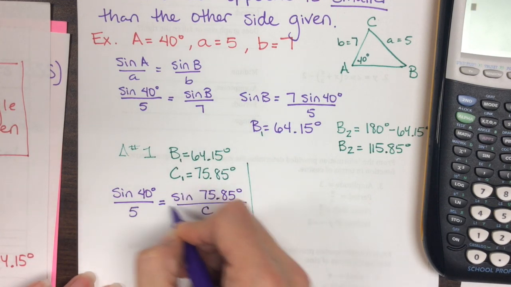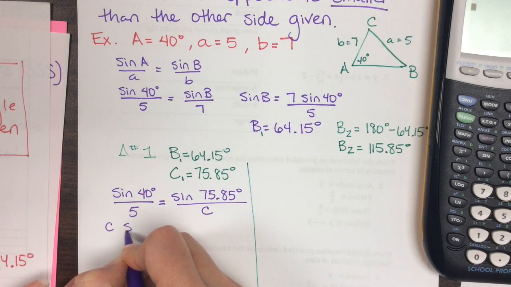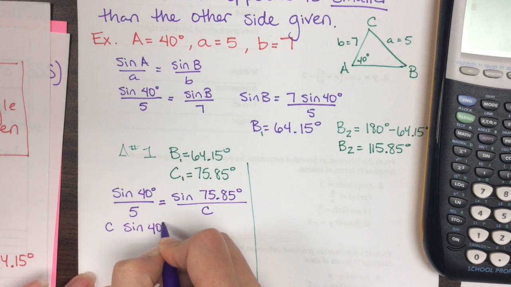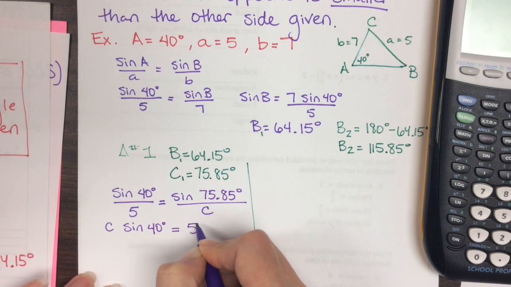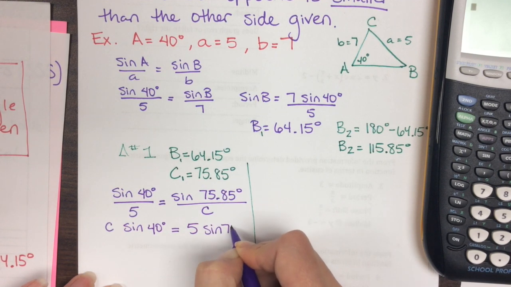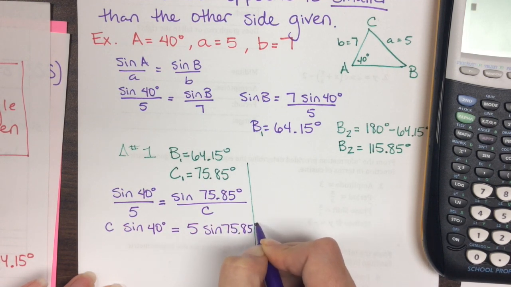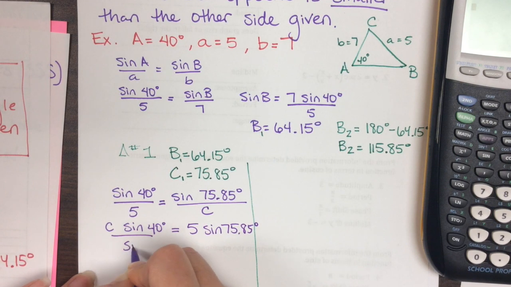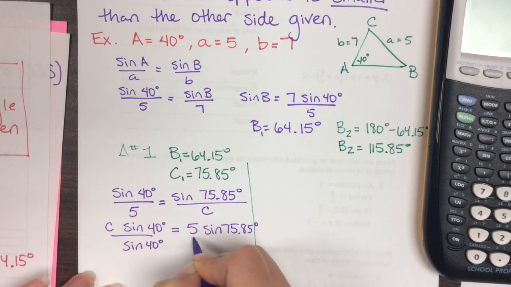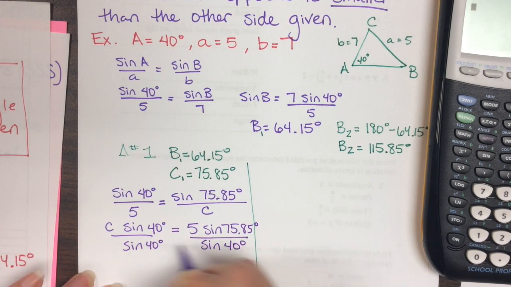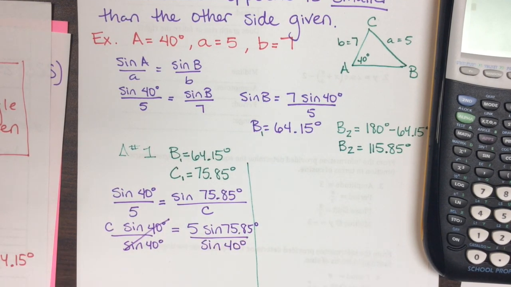So C sine of 40 equals 5 times the sine of 75.85 degrees. Divide both sides by sine of 40 degrees to isolate C.